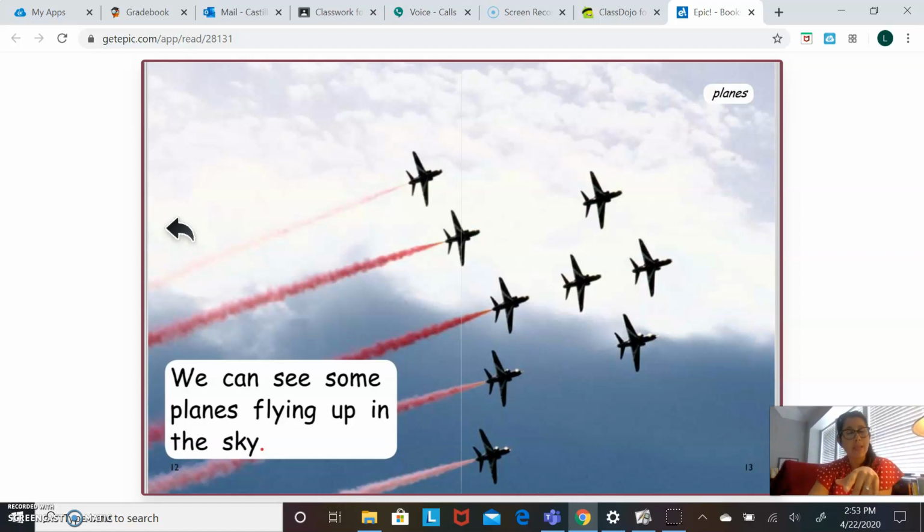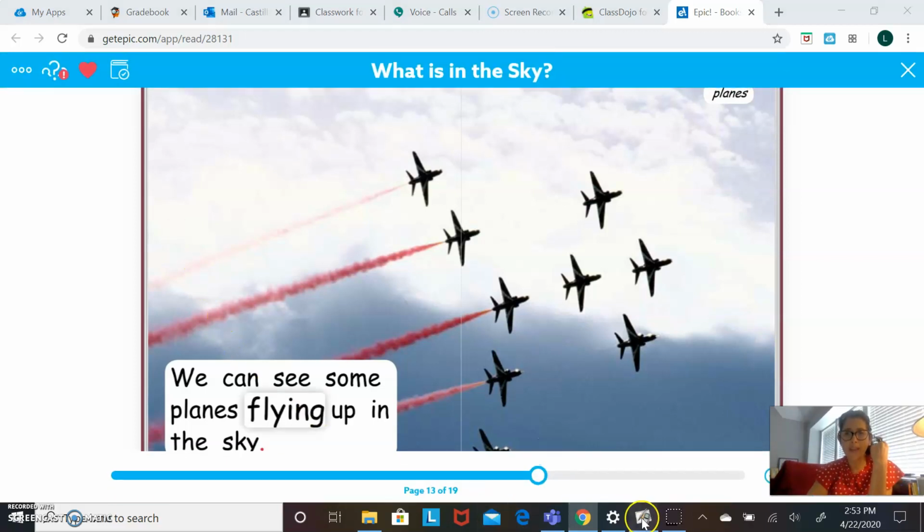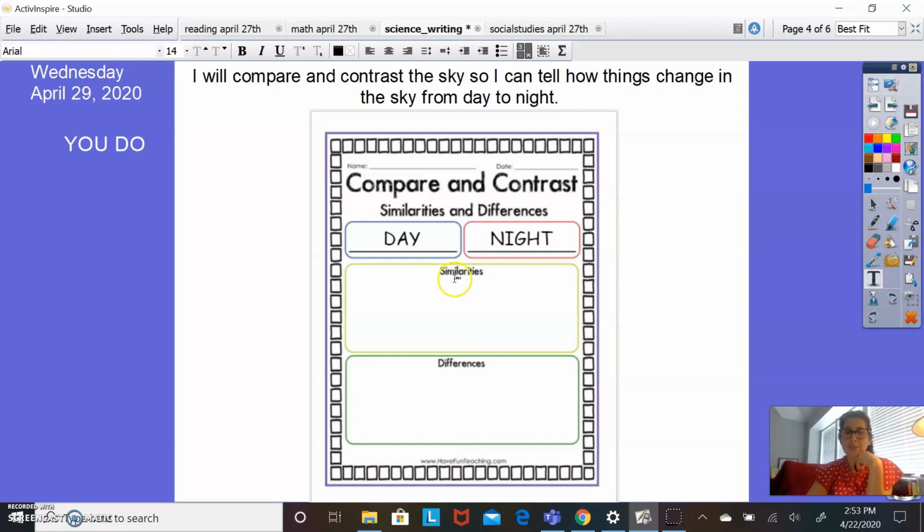I might not be able to see them this clear, but I can see the lights on the planes because planes fly at night too. So for things that are the same with the day and night sky, I'm going to type, you can see planes in the day and night sky.